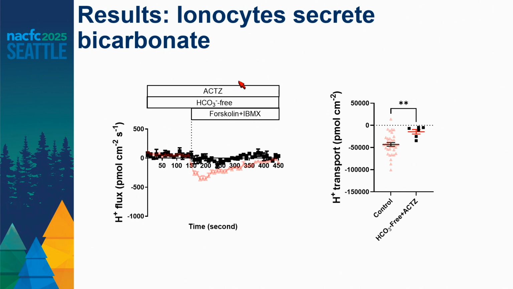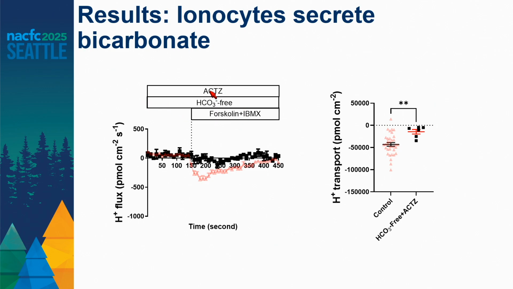And then we're wondering how the ionocyte modifies the pH in the ASL. One way is by secreting bicarbonate. So what we do is we use acetazolamide to block the carbonic anhydrase activity inside the pulmonary ionocyte.